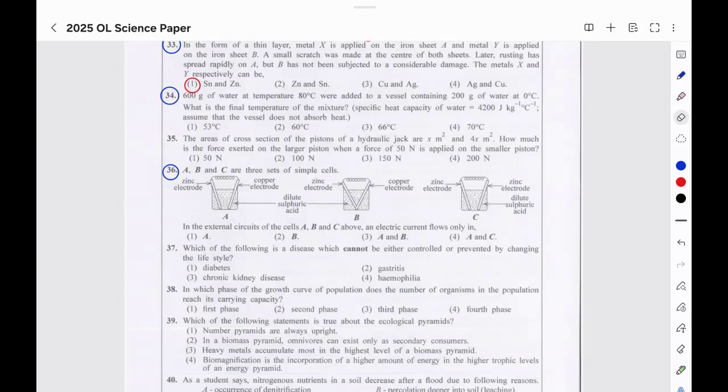600 grams of water at temperature 80 degrees Celsius were added to a vessel containing 200 grams of water at 0 degrees Celsius. What is the final temperature of the mixture? Okay. So the specific heat capacity is given. Assume that the vessel doesn't absorb heat.